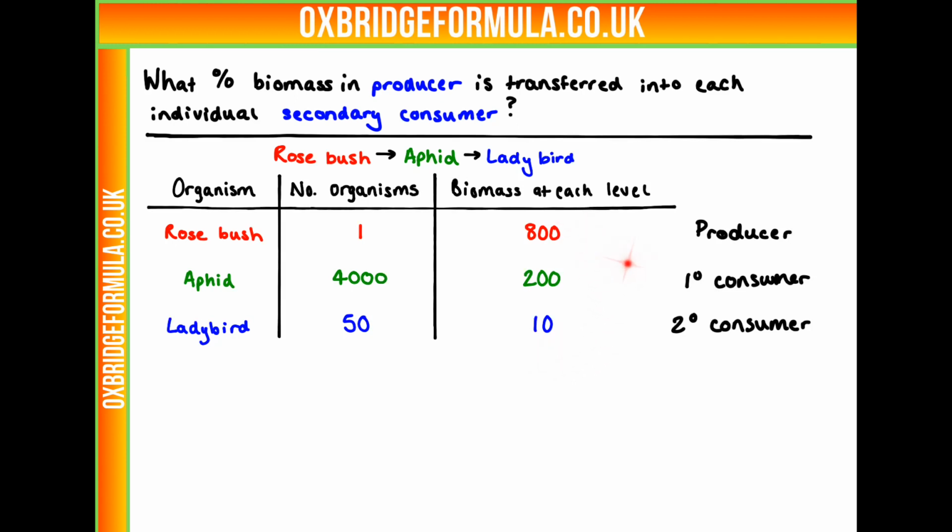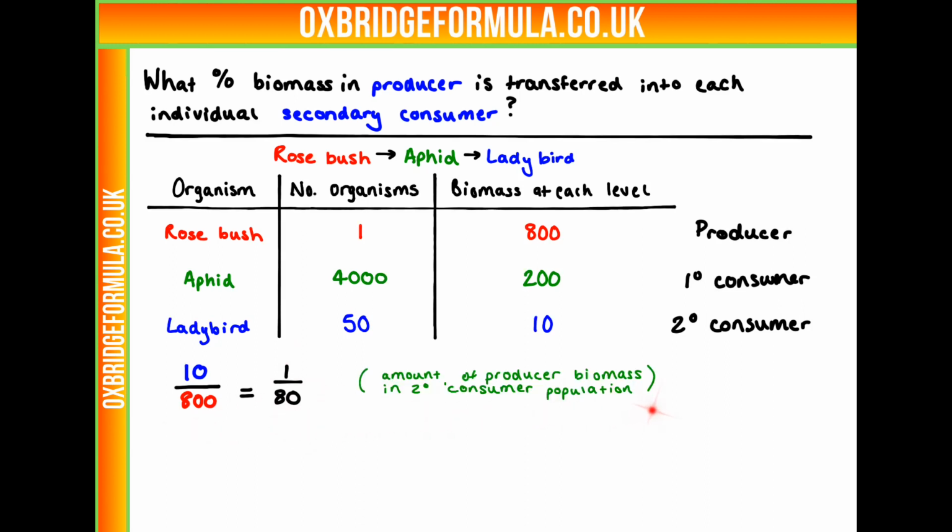Well, we just need to take the proportion, so that's going to be 10, which is the biomass at the ladybird level, divided by 800, which is the rosebush, and that's going to give us our proportion of biomass from the rosebush in the ladybird population. So I'm just going to simplify that to 1 over 80, just to make it easier for the next calculation. So there we have the amount of producer biomass in the secondary consumer population.